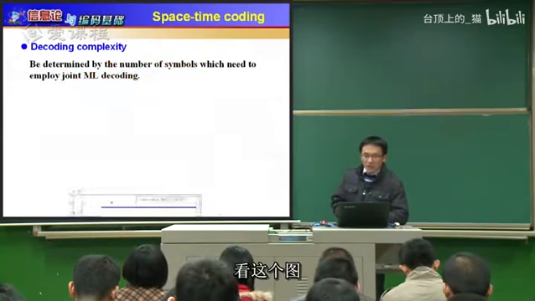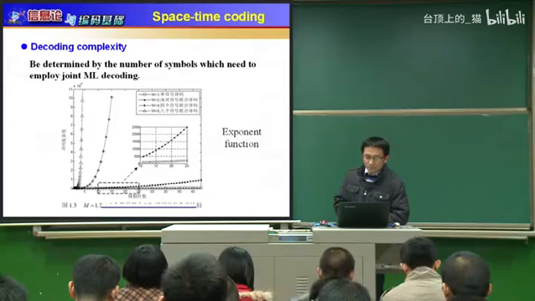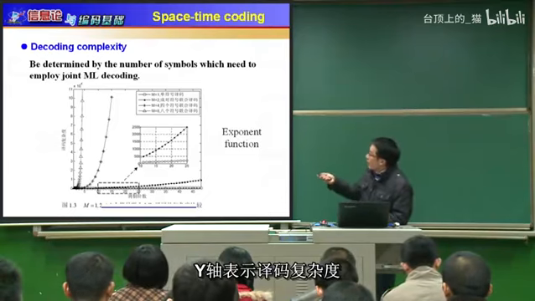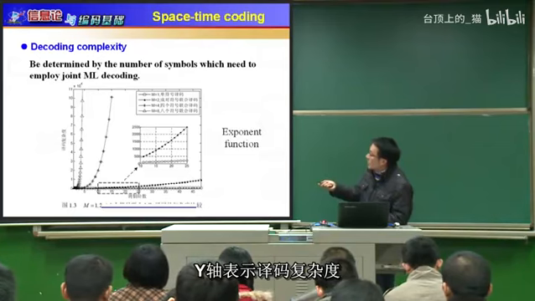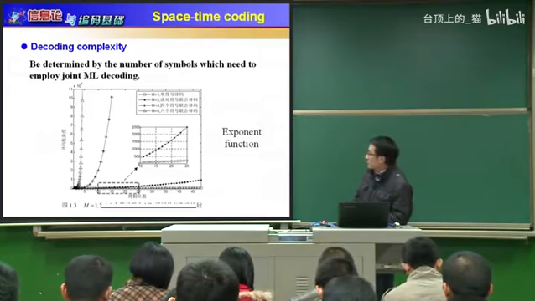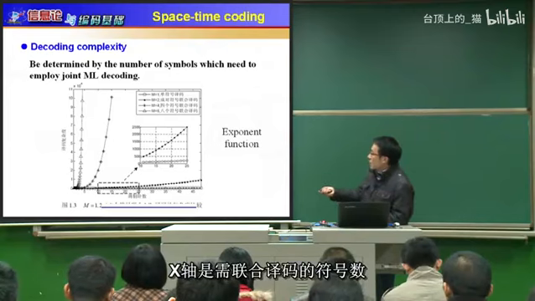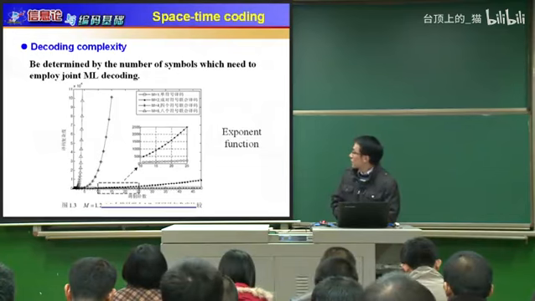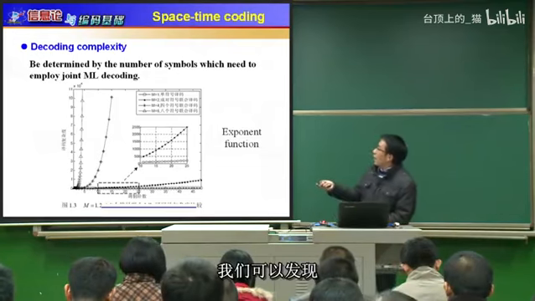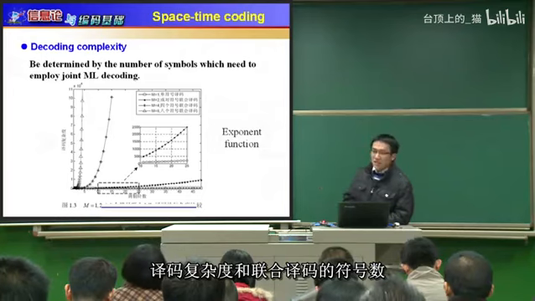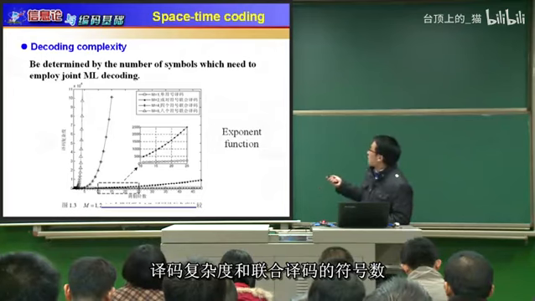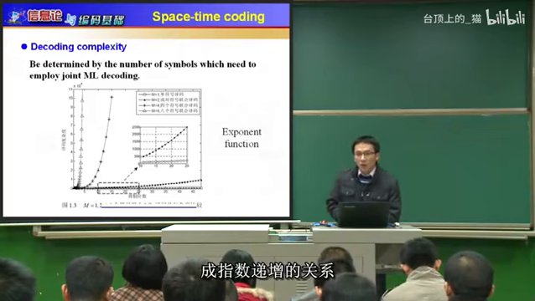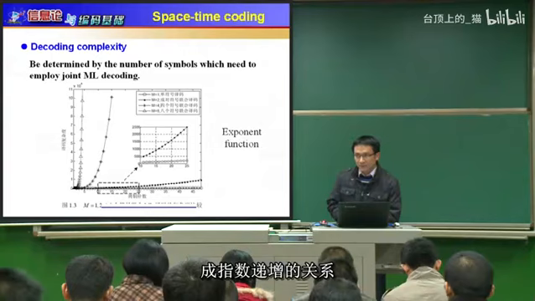So we can see from this picture the y-axis is decoding complexity and the x-axis is modulation order. We can see the decoding complexity is an exponential function of the number of symbols for joint decoding.